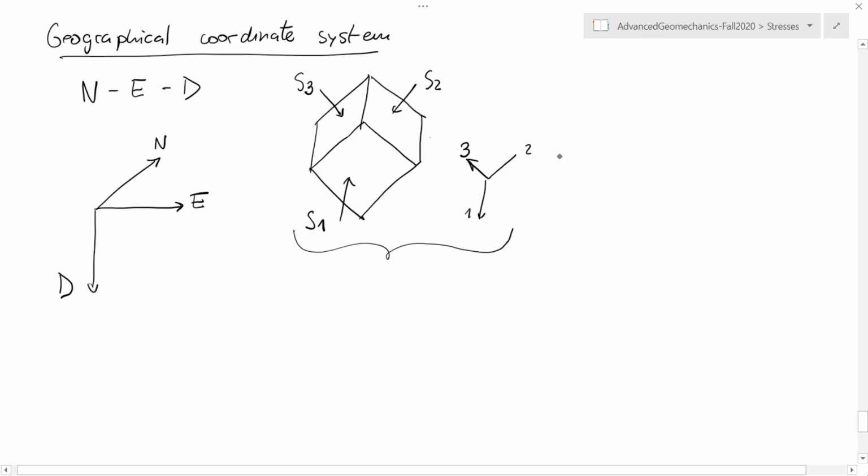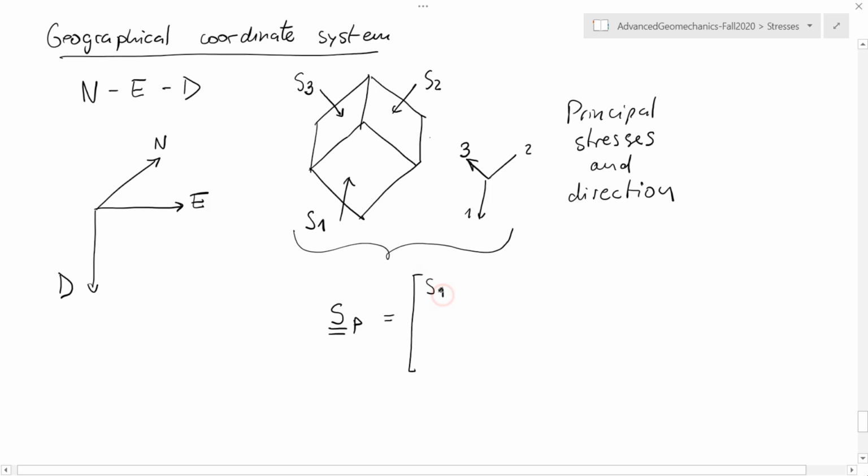These are the principal stresses and directions, and under such conditions I can write the stress tensor as SP with the first element, the greatest principal stress, on the top, intermediate stress in the middle, and least principal stress on the bottom right.